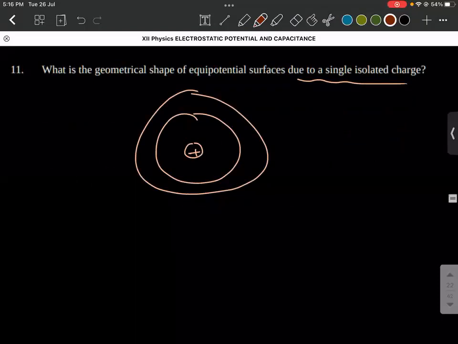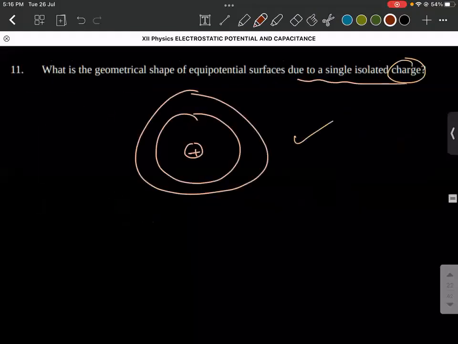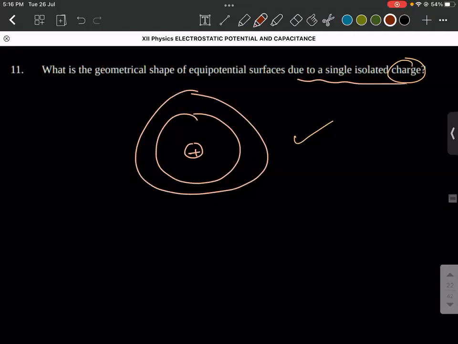So what is the shape of an equipotential surface due to a single isolated positive charge? Whether it is a positive charge or a negative charge, it is always a set of spherical surfaces. It is concentric. Why? You're talking about the fact that the distance between the subsequent spherical surfaces is decreasing or increasing.